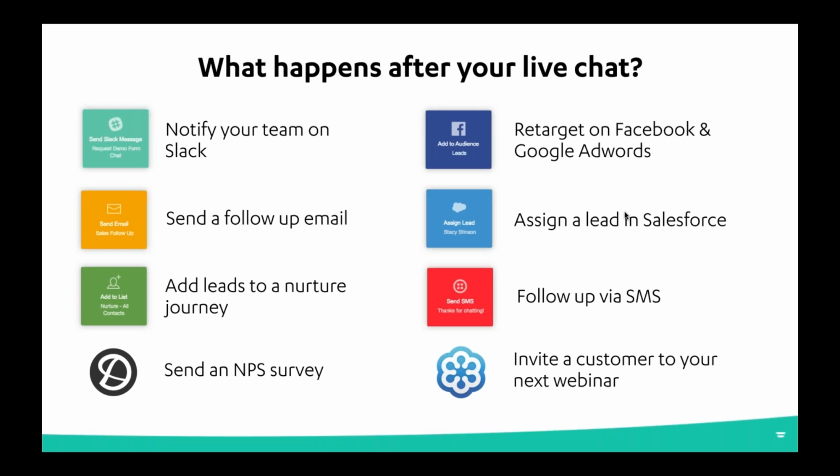Obviously, add leads to other journeys by adding them to a list. Send NPS surveys to them directly after the live chat through Zapier using Delighted. You can also do things like the retargeting I showed, assigning leads in CRM, following up with SMS, and even inviting them to your next webinar based on them saying, hey, I need help with this.